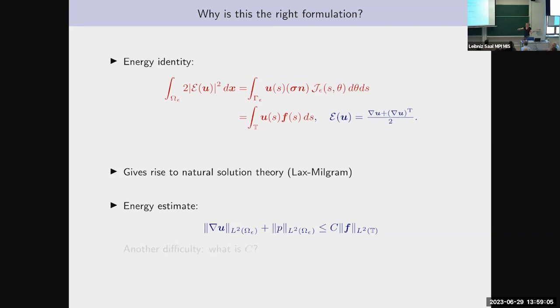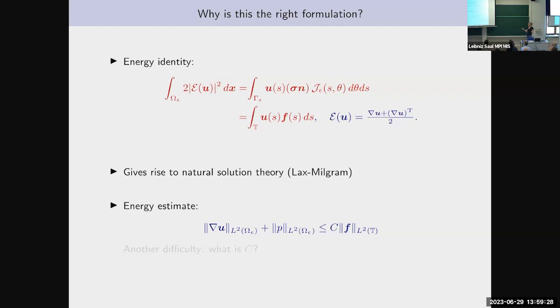And on the right-hand side, where you would have your boundary terms, because of how we've defined these boundary conditions, this actually just reduces to an integral over the filament center line, and we get our force data F appearing in this energy identity, right?